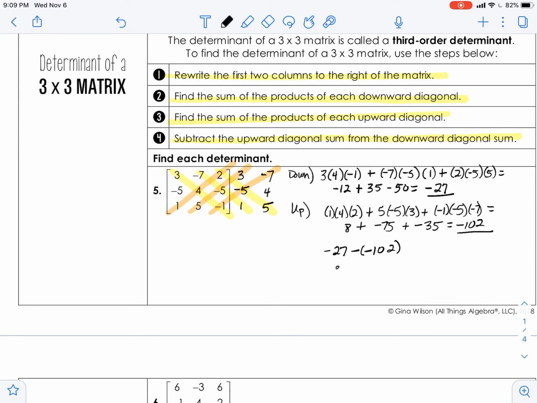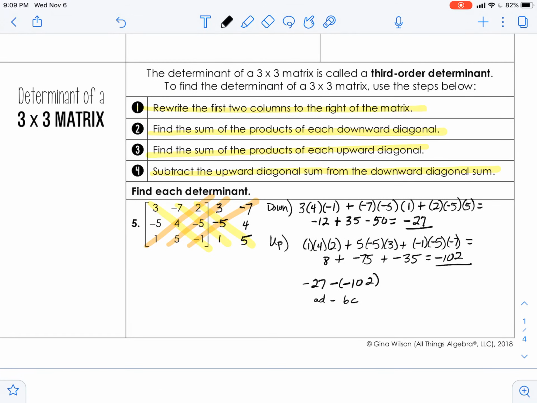So if you kind of think of it, remember the other AD minus BC, except it's subtracting the upward from the downward. And again, be sure you do that in the correct order. Sorry, I had something on my screen. And get us an answer. And in this case, that should be 75. Okay, so in this case, the determinant is 75.